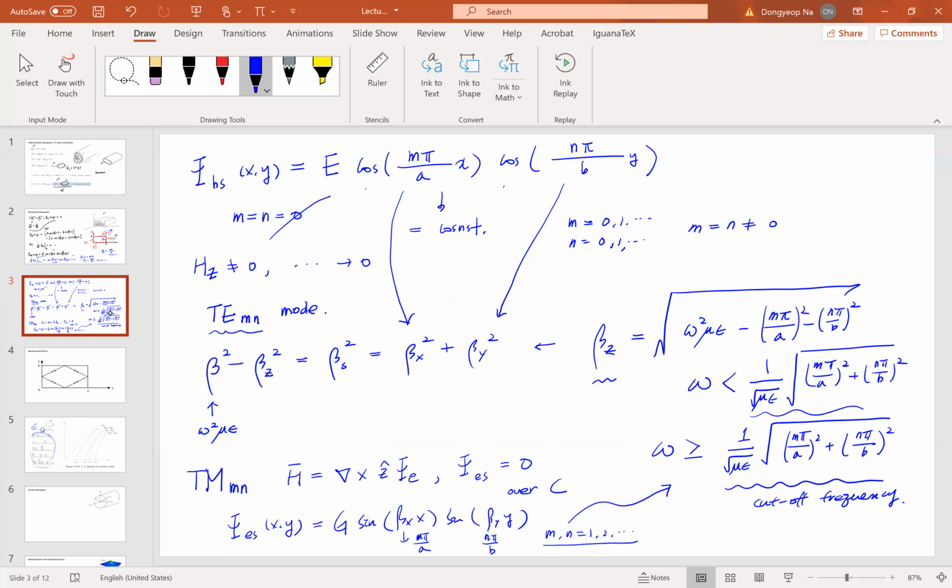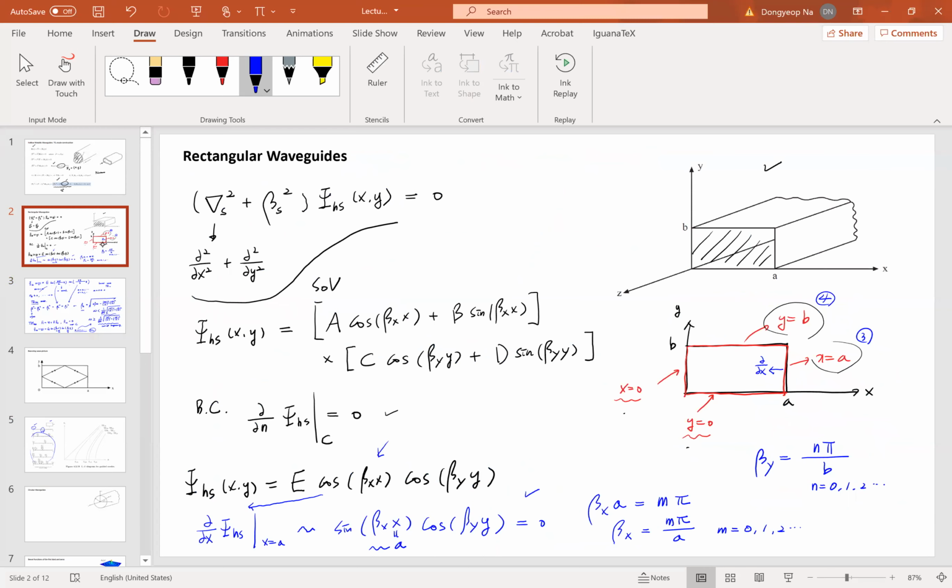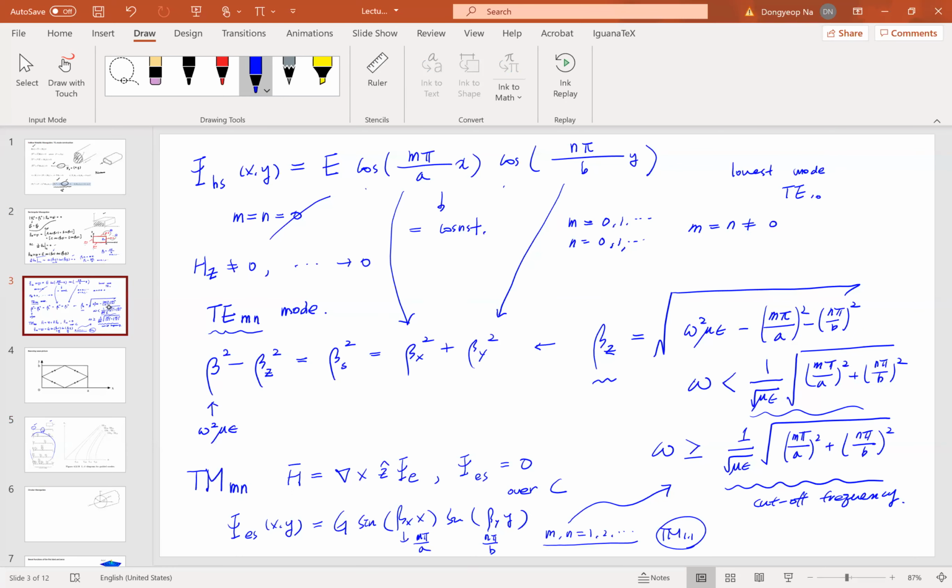So the lowest mode is the TM11 mode. On the other hand, in the TE case, the lowest mode, which means the mode that has the lowest cutoff frequency, is going to be the TE10 or TE01 mode. In the RF engineering area, it's customary to set the lateral dimension larger than the vertical dimension, so that the TE10 mode is the lowest mode that we can excite.